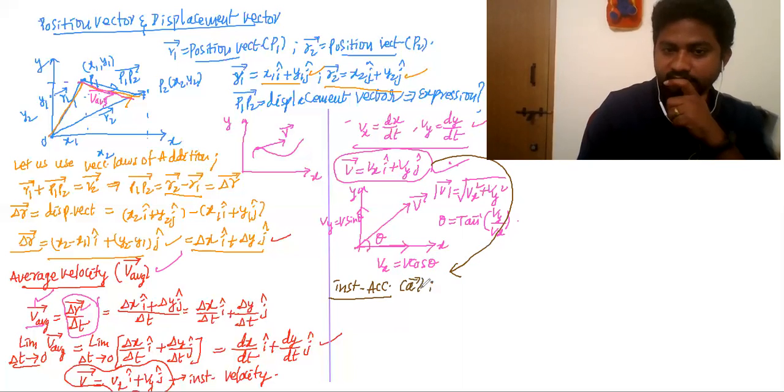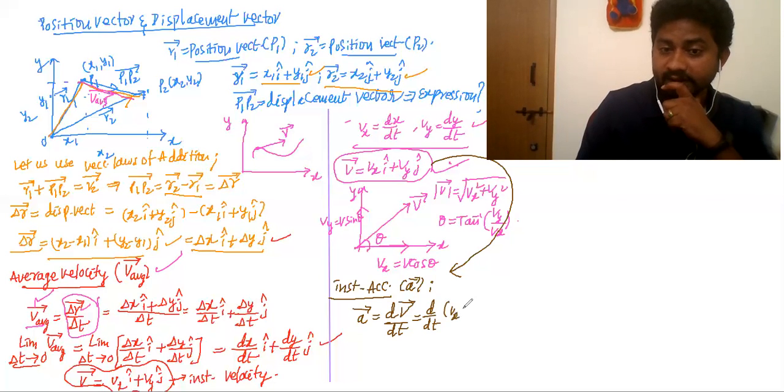What is instantaneous acceleration? It is dv bar by dt. Yes or no? Differentiation of velocity is called acceleration. So I can write d by dt of the instantaneous velocity, which is Vx i cap plus Vy j cap.